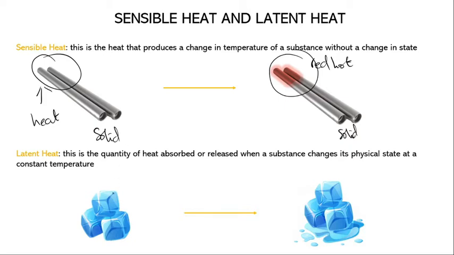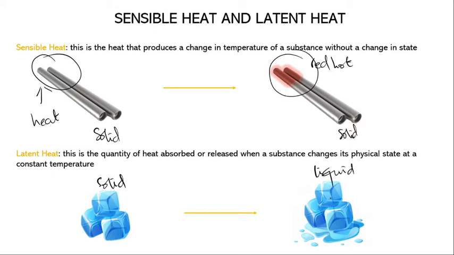A good example is ice. We have ice freshly removed from the deep freezer. It is in a solid state, but with time it begins to melt, and while it is melting the temperature is still at 0 degrees Celsius, where we can observe a change in the physical state of the matter, from solid to liquid.